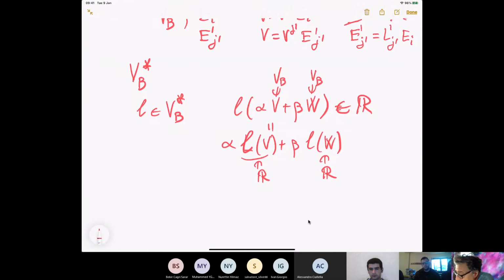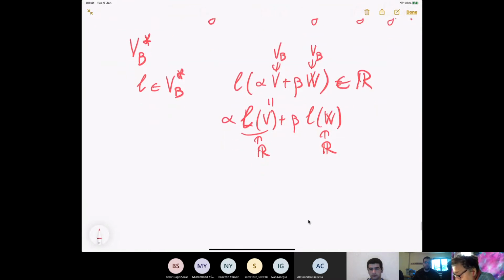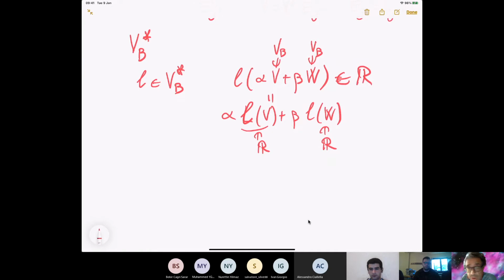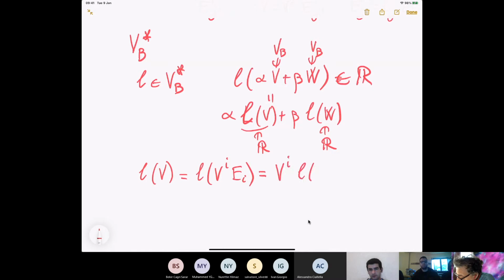Okay, very well. Now, we have shown that L(v) equal to L(v^i e_i) is equal to v^i L(e_i).